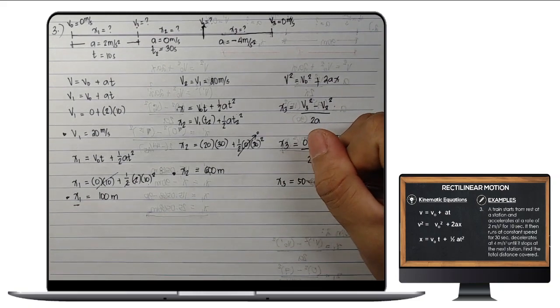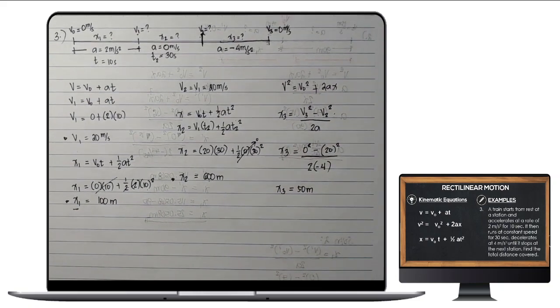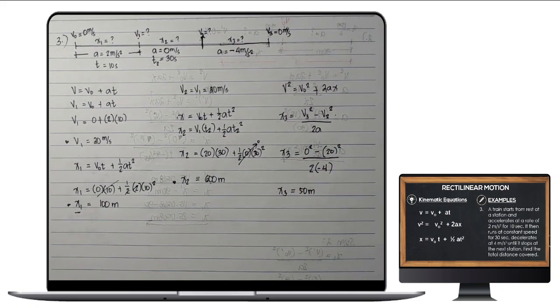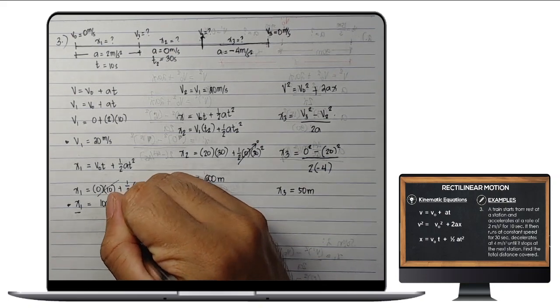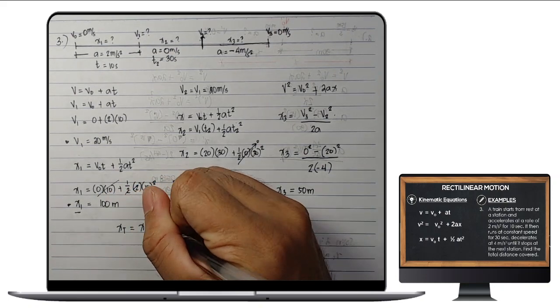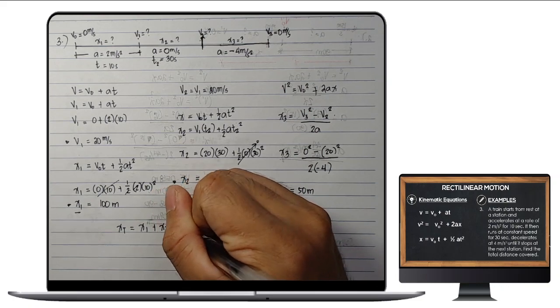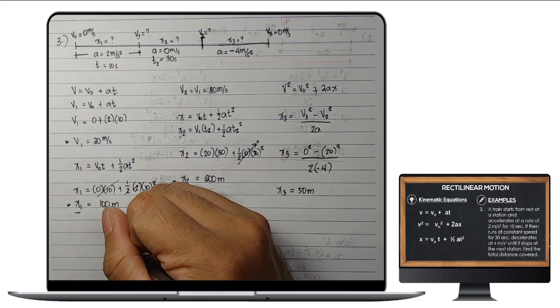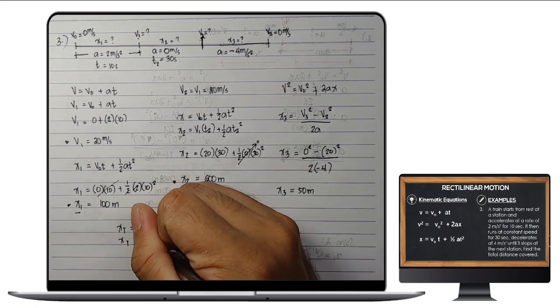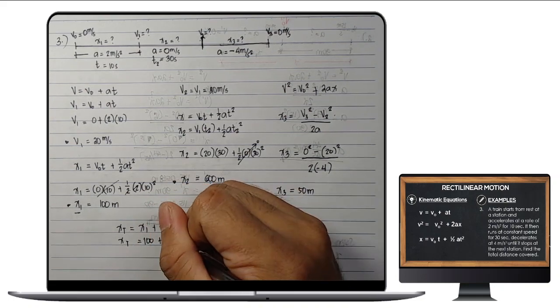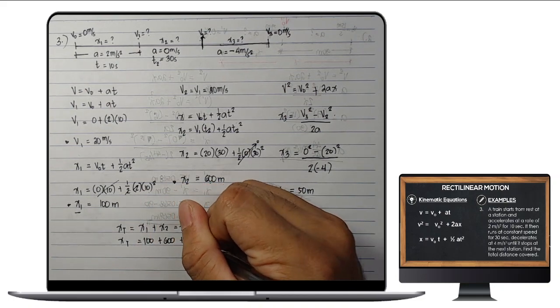so we have 50 meters here. Okay, so since we are finding the total distance, x total is the sum of x sub 1, x sub 2, and x sub 3. So x total will be 100 plus 600 plus 50.